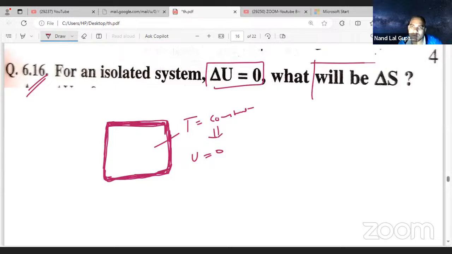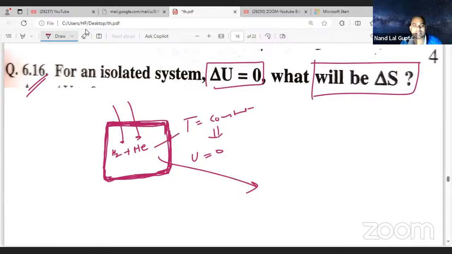Then they are asking, what will be delta S? See, whatever the materials are, suppose you added two gases, H2 and helium gas. These two gases are going to be mixing now.